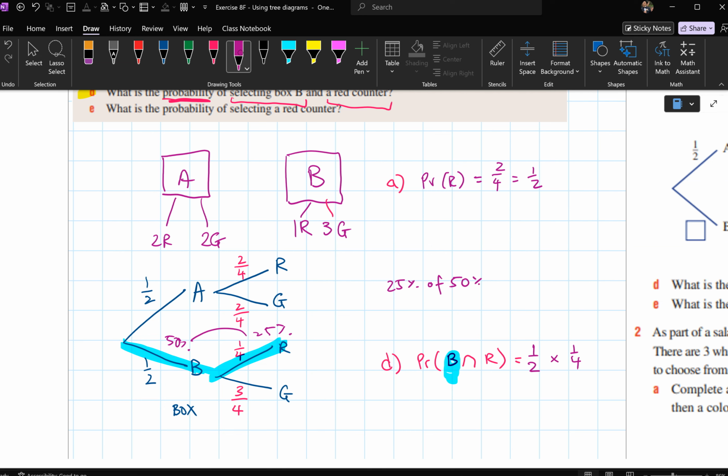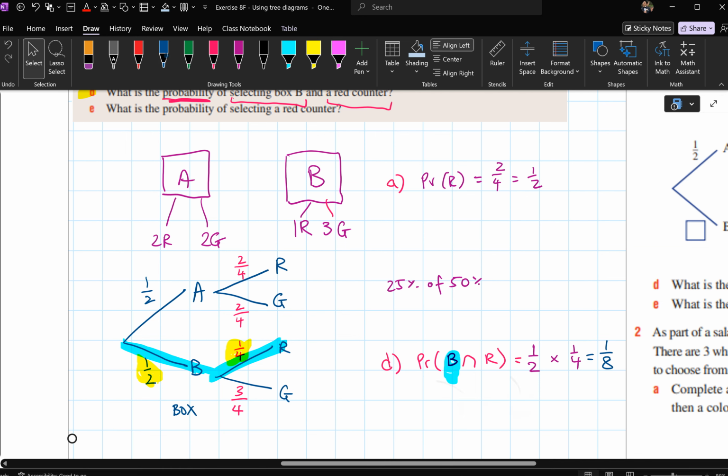That's why we multiply them when we go along the branches. Because we're saying 25% of the 50% chance, so you're actually multiplying these two. So those who got confused in my language, I'm saying 1/4 times a half will give you the answer. In this case, it is 1 on 8 as a chance.